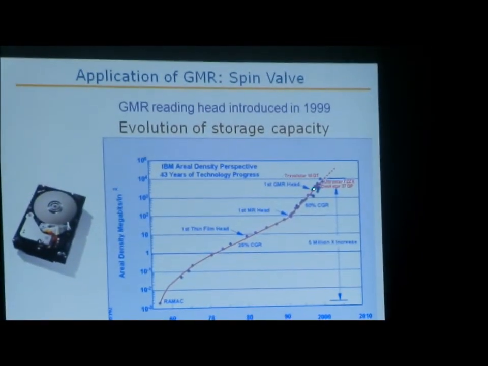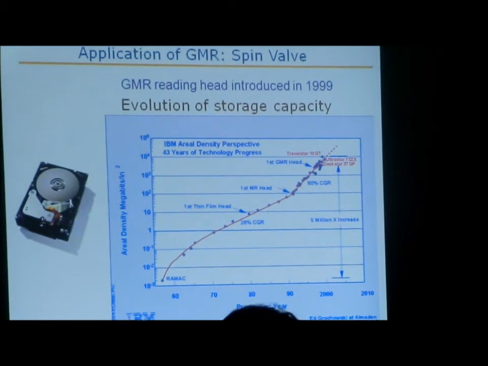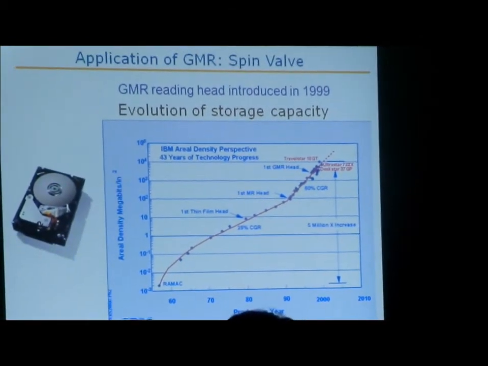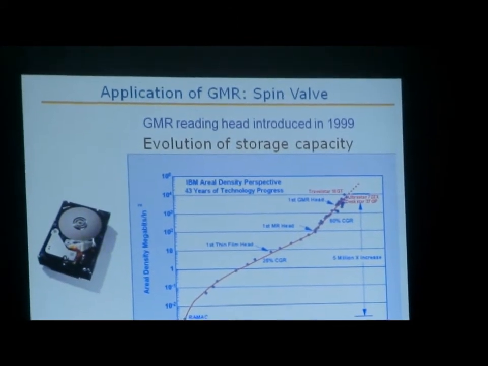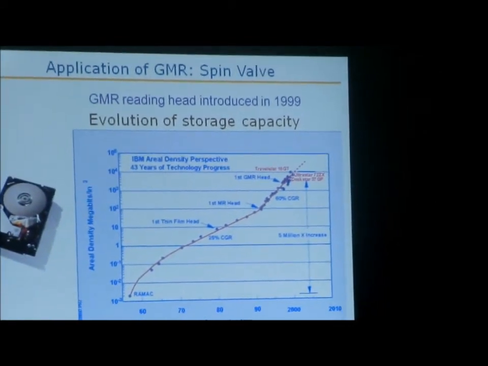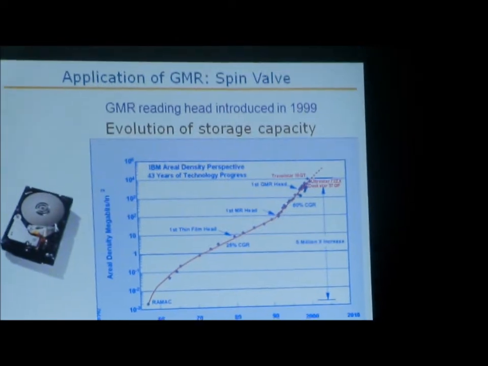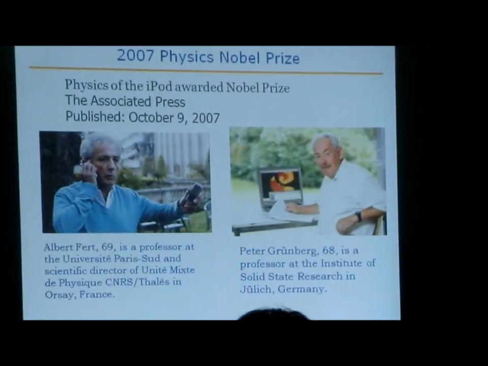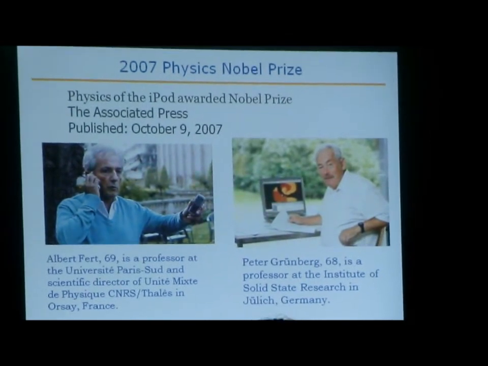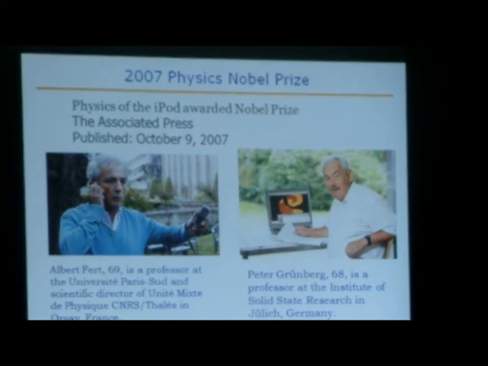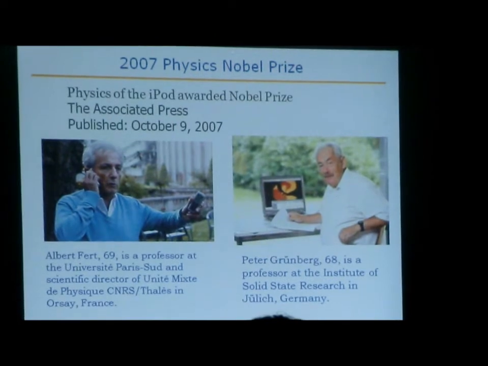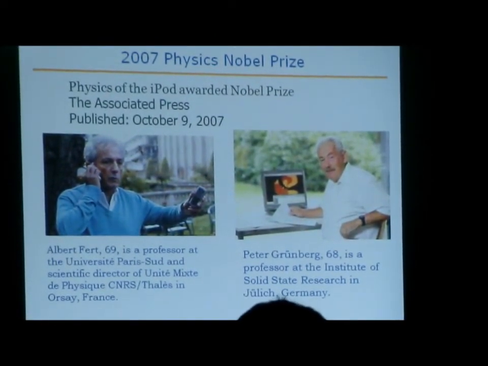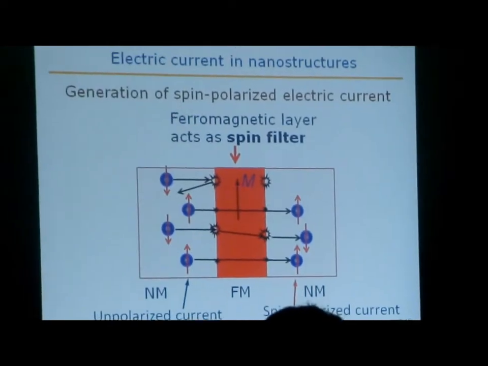It keeps going up. Of course, the steep rise is not only due to the read head, it's also due partially to the improvement in the recording materials. And as you know, Albert Fert and Peter Grünberg, who discovered the GMR in 1988, received the Nobel Prize in 2007.